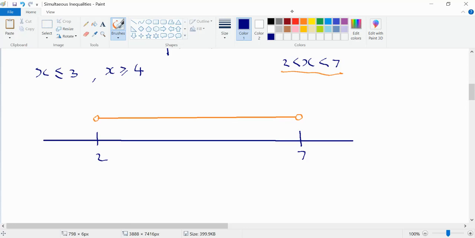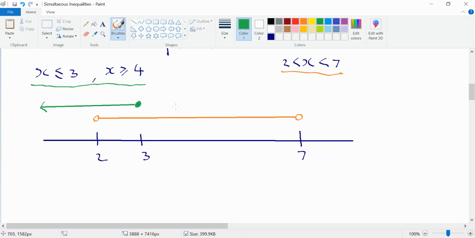We're now going to represent this set of values on our number line as well. First of all, x is less than or equal to 3. If we say 3 is about here, that would be represented by drawing a circle above 3, this time coloured in because we are including 3, and then all the values smaller than 3, so that's to the left of 3 on the number line.